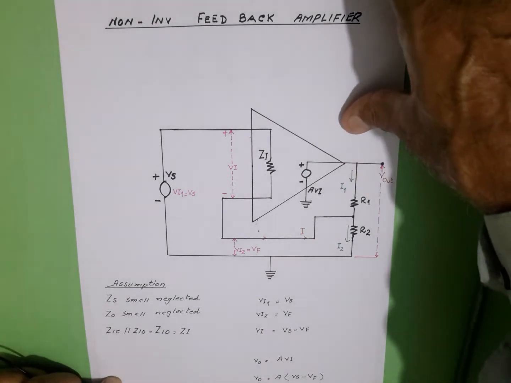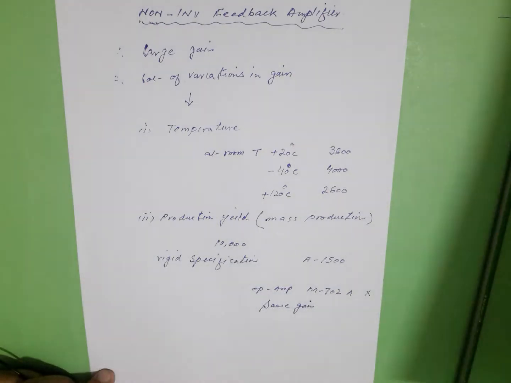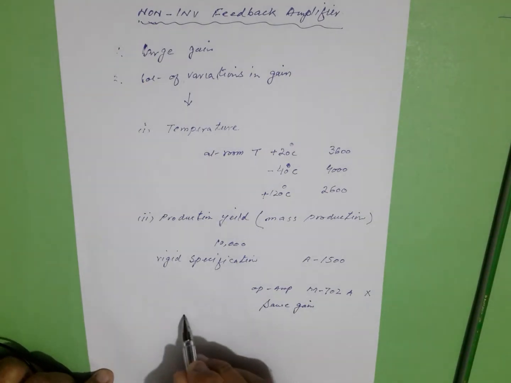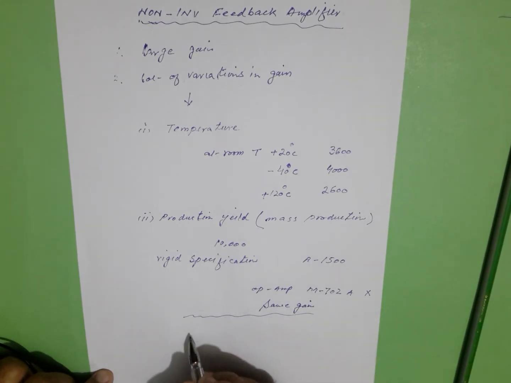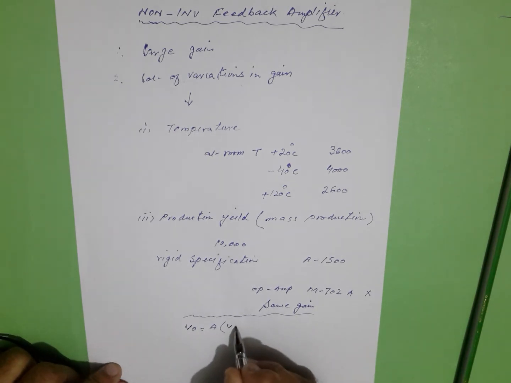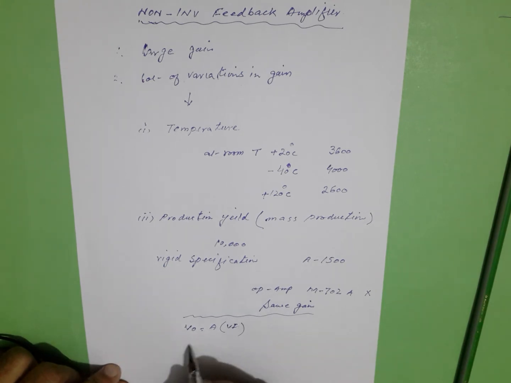Now, the output voltage formula is V naught is equal to A times V input, or simply V naught is equal to A V input.